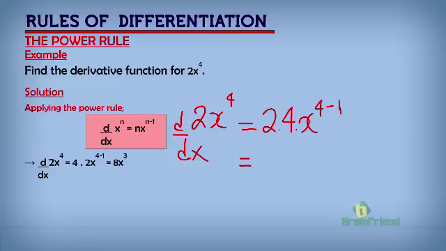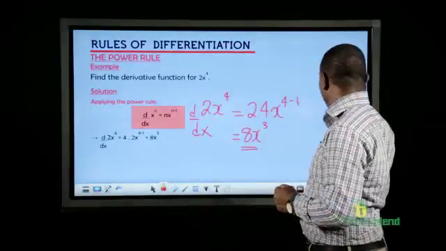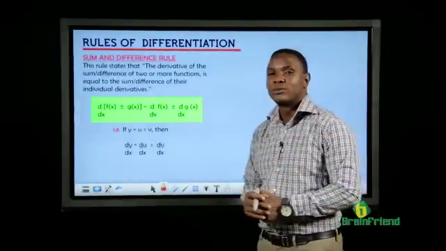So what do we have? We have 2 times 4 times x raised to the power 4 minus 1. 2 times 4, of course, is what? 8. We have our x. 4 minus 1 is what? 3. So our answer, that is the derivative of 2x raised to the power 4, is what? 8x raised to the power 3. Very simple. Let's go on to learn about another rule.